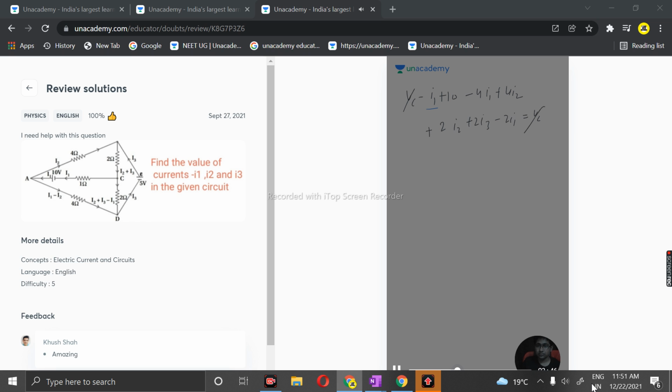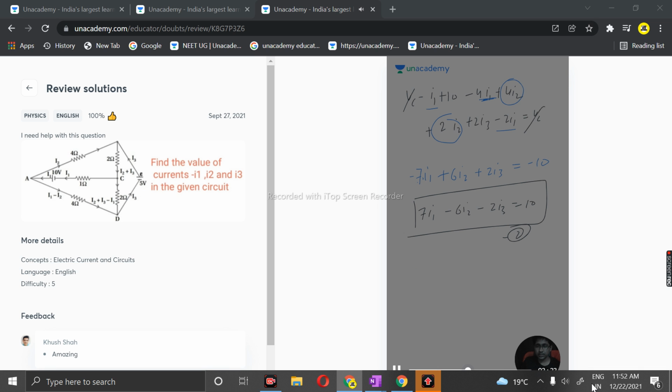This becomes minus 3I1 and minus 4I1, so 3 and 4 is 7. So this becomes minus 7I1, plus 6I2, plus 2I3 is equal to minus 10. So we are getting 7I1 minus 6I2 minus 2I3 is equal to 10. These are two equations which we are getting.